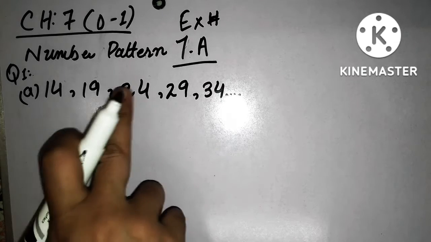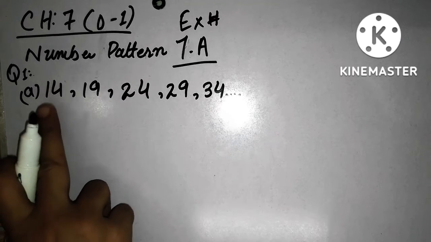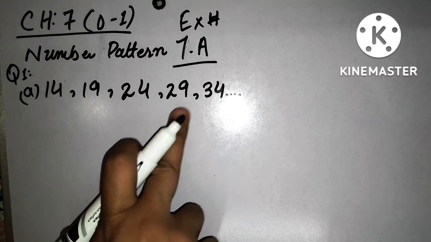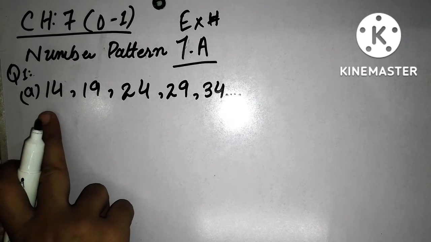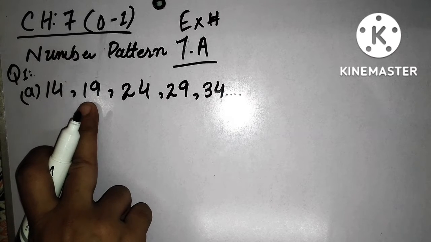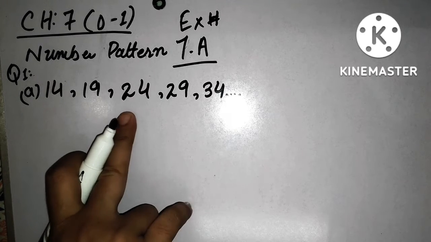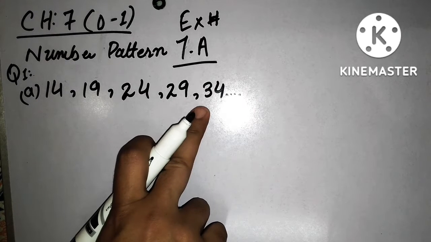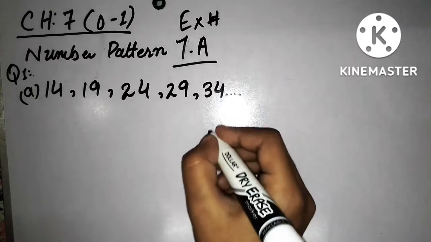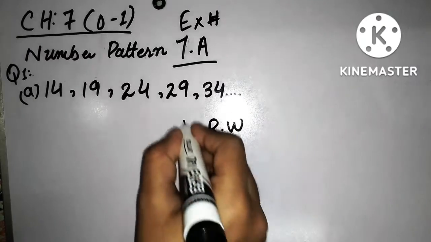The sequence is 14, 19, 24, 29 and 34. We have to check that something is added to 14 to make 19, something is added to 19 to make 24, something is added to 29 to make 34. Maybe it will be the same number. So let's count. Make a rough column.